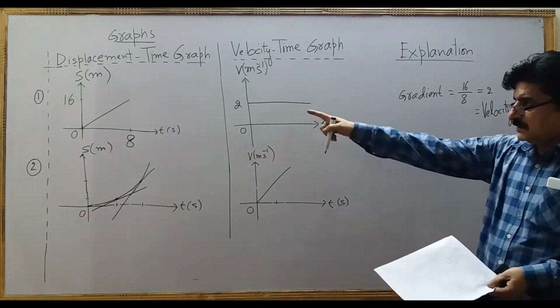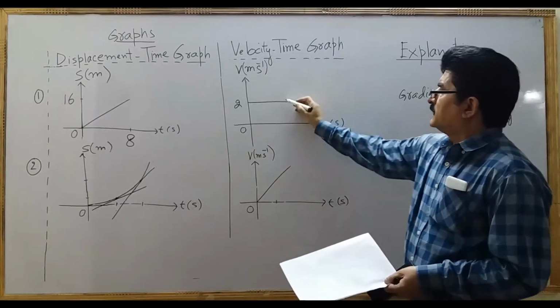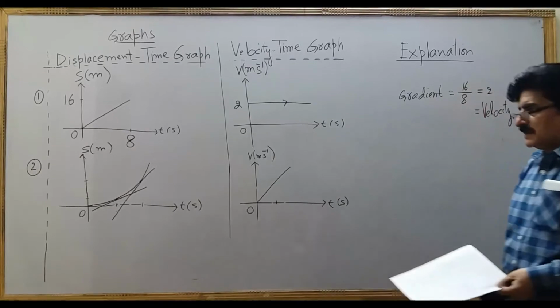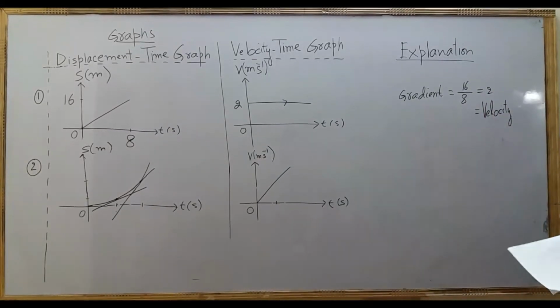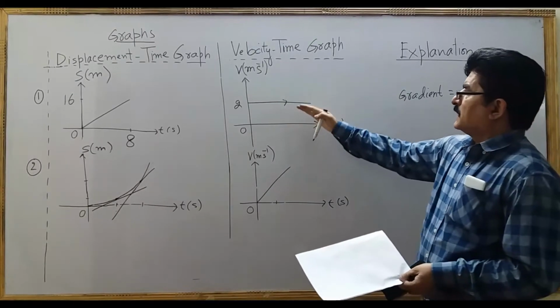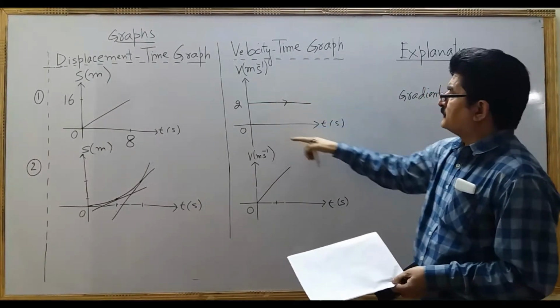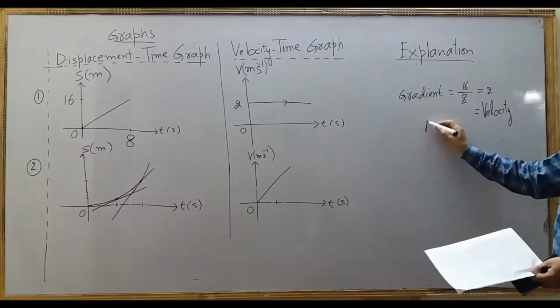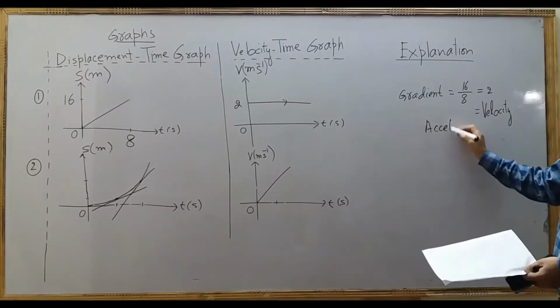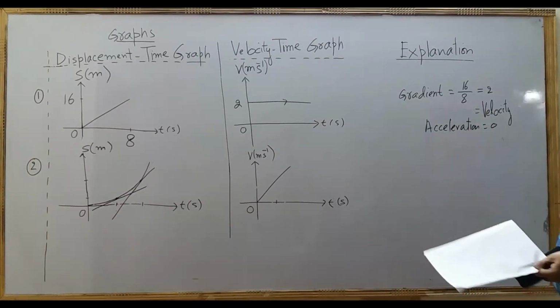Now the particle is moving with constant velocity, so acceleration is 0. So the gradient of this velocity time graph is 0. It means that acceleration is 0.